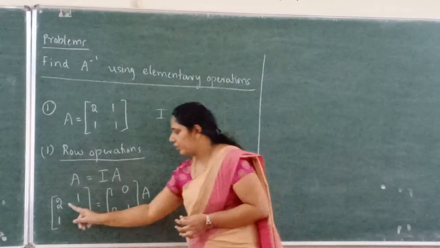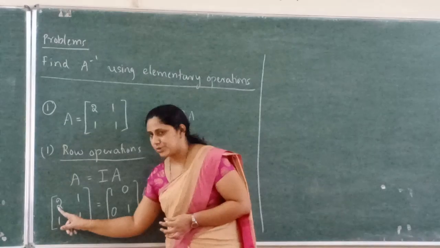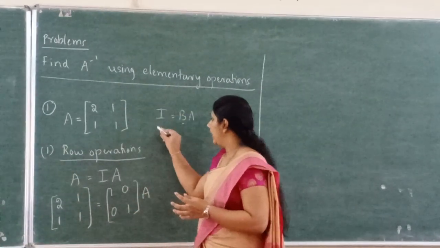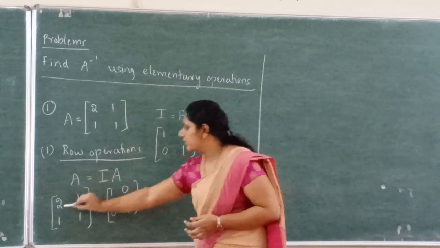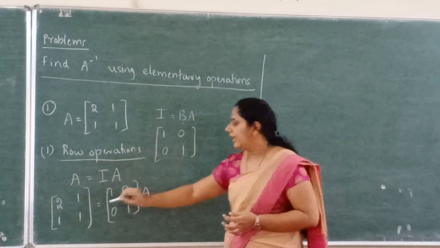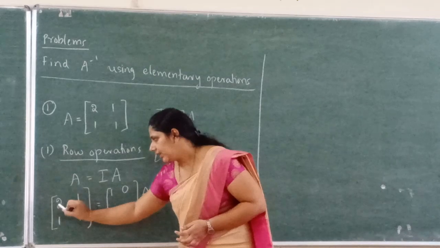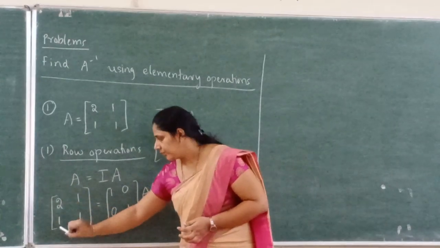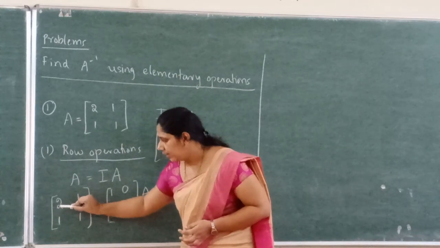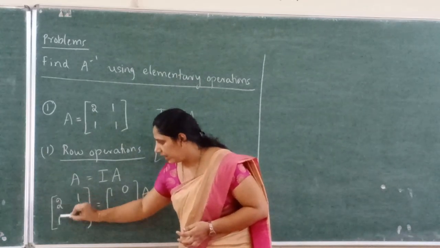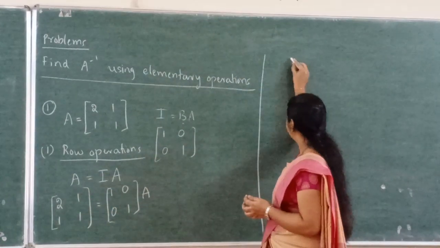For that, first you have to change this element. That is, this 2 must become 1, matching I, which is 1, 0, 0, 1. Here we have in the first row element 2 and in the second row element 1. So if I subtract 2 and 1, we will get 1, right?